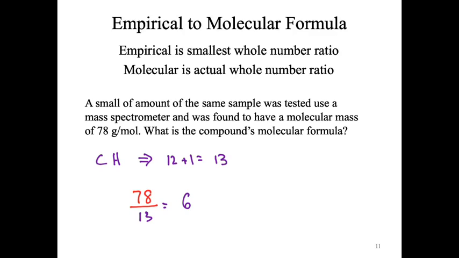What does that mean? That means my molecular formula is C6H6. Miraculously, it came out to be the exact same formula that we talked about earlier with benzene. It's C6H6.